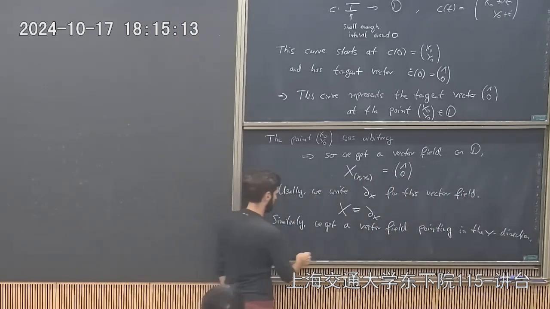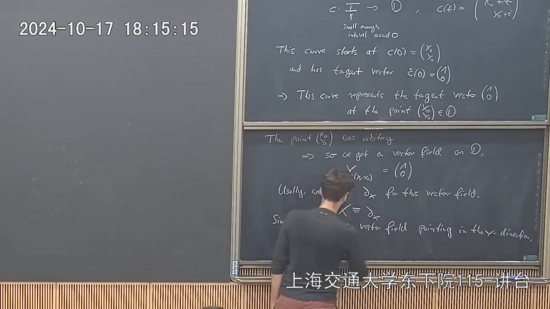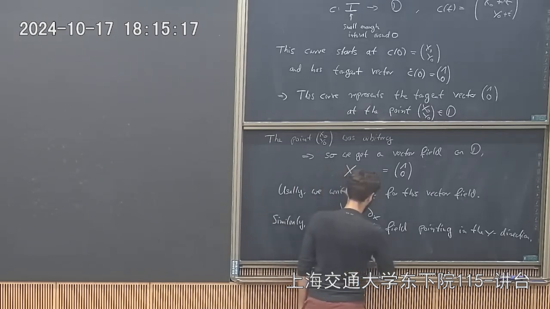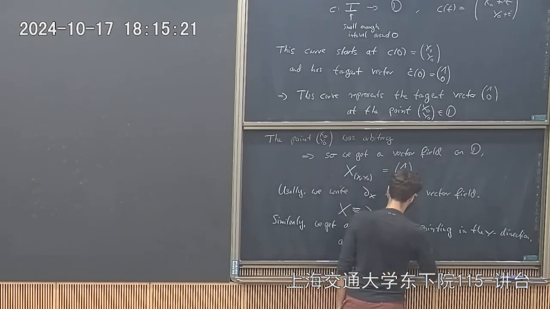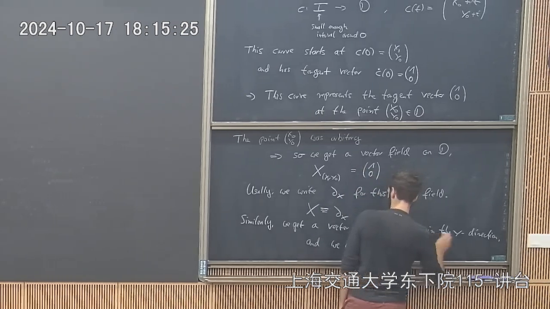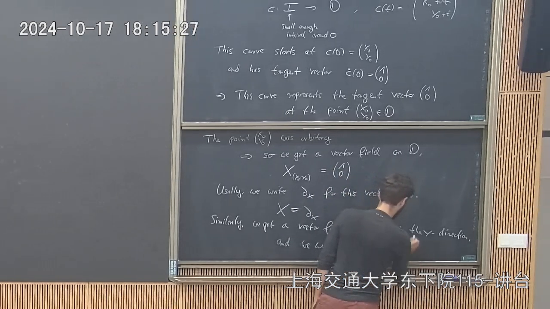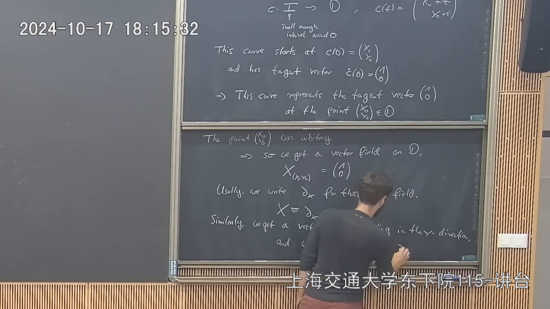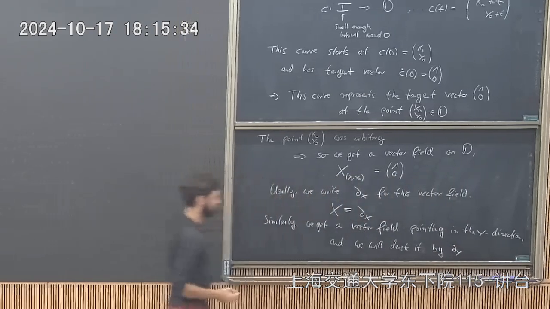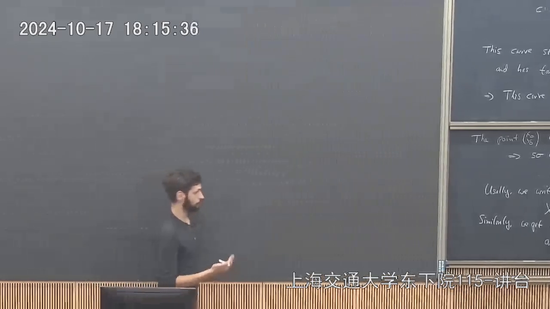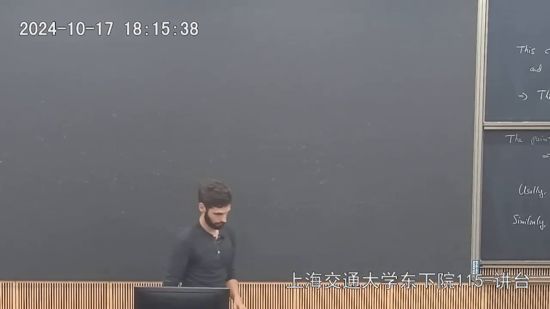You can probably guess how we denote this one: by dy. So the vector field that points in the y direction is denoted by dy.